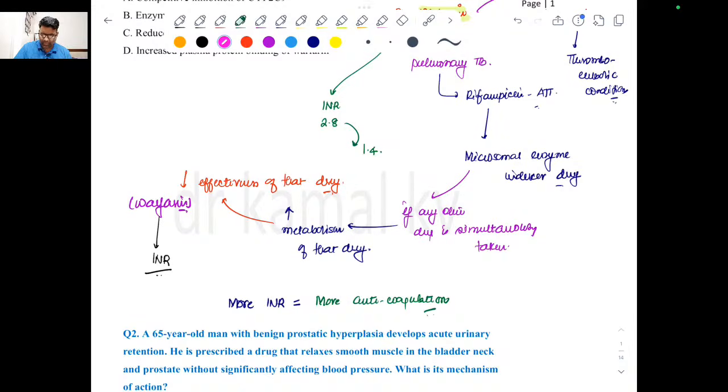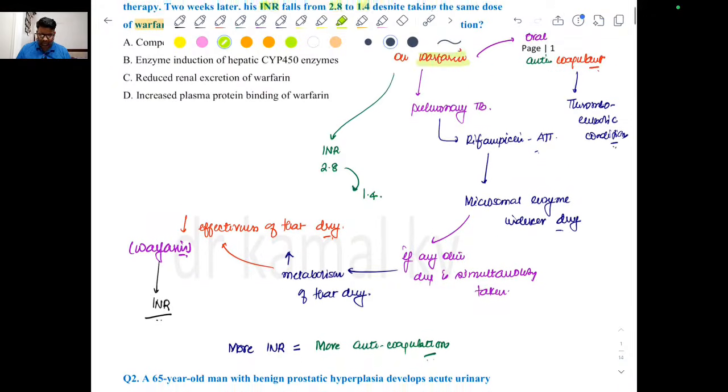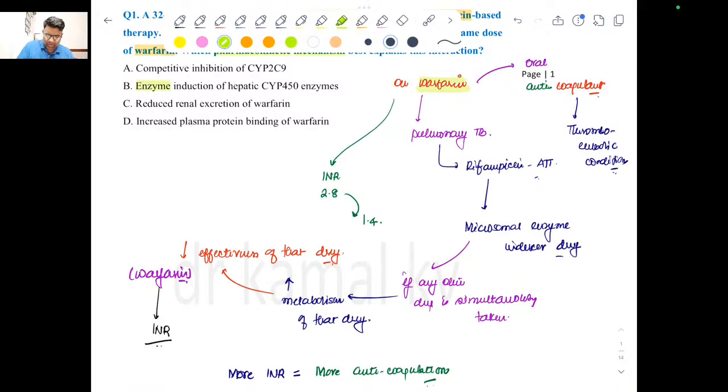That's the simple statement. So when the drug is not acting as much, especially warfarin, INR will be on the lower side. So the answer is enzyme induction of hepatic CYP450 enzymes, right?